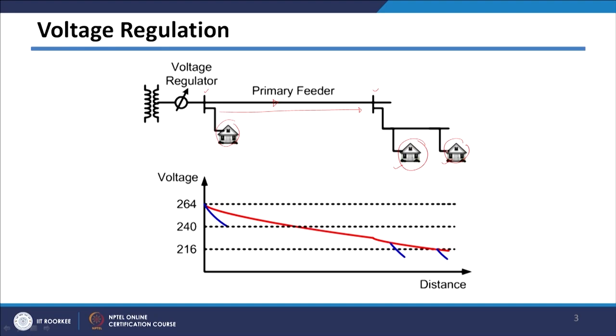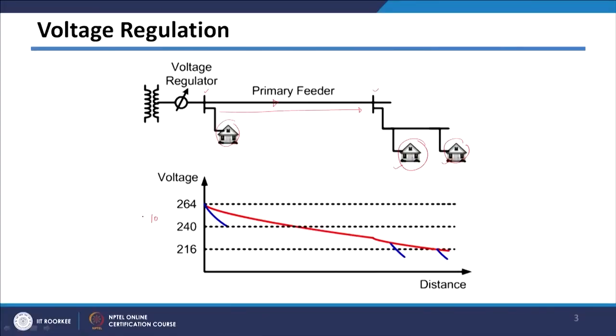However, there is a limitation on how much voltage can decrease at a particular consumer end. Say in our case, if a 10% plus or minus variation in voltage is allowed, and the nominal voltage is 240, then the voltage variation allowed is from 216 to 264.